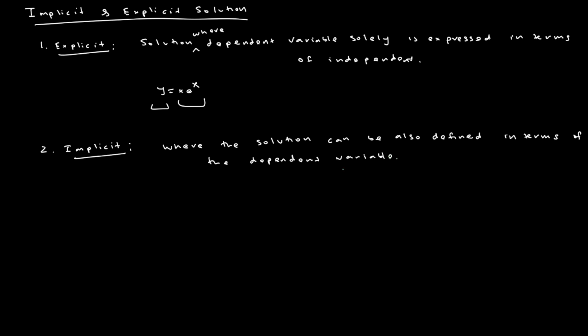So if we get something like x squared plus y squared is equal to 25, right? Our dependent variable is not separated out, right? So our whole equation is defined in terms of both the dependent and independent variable.